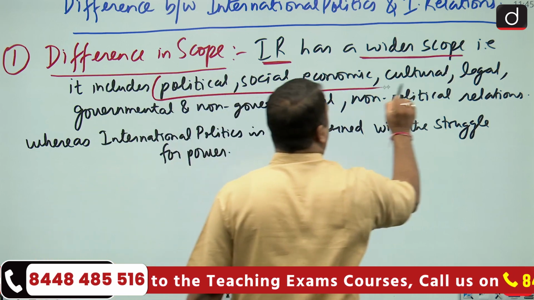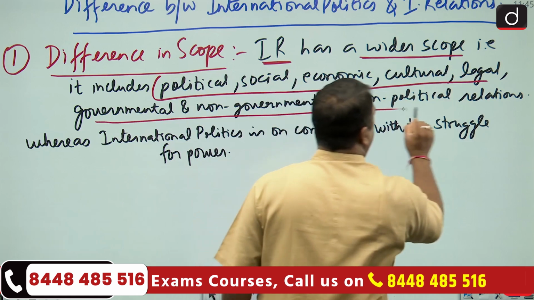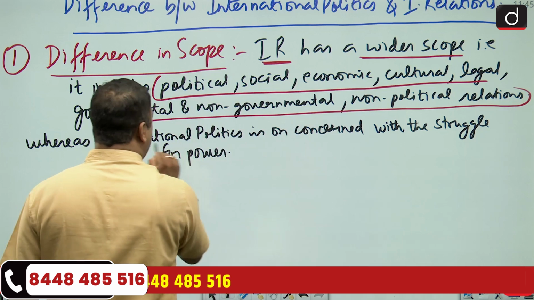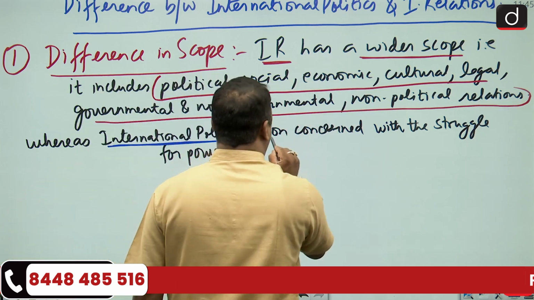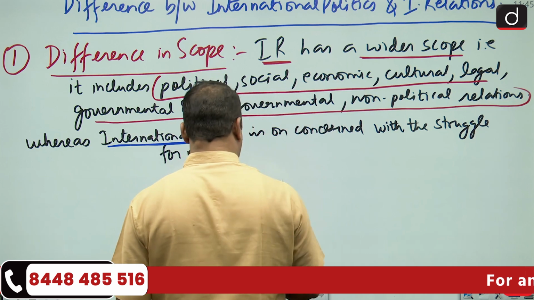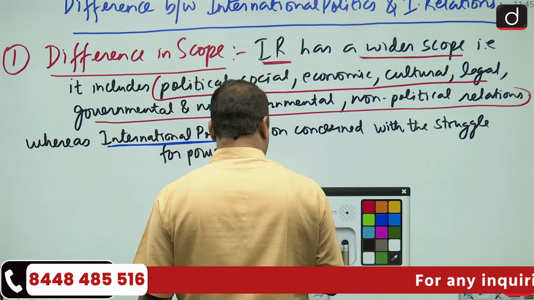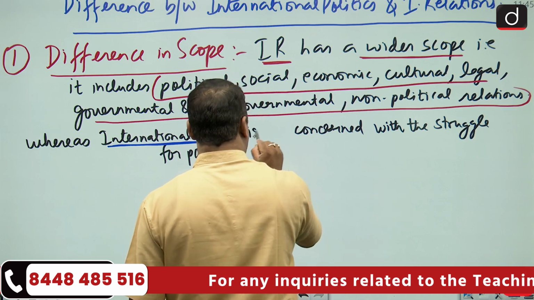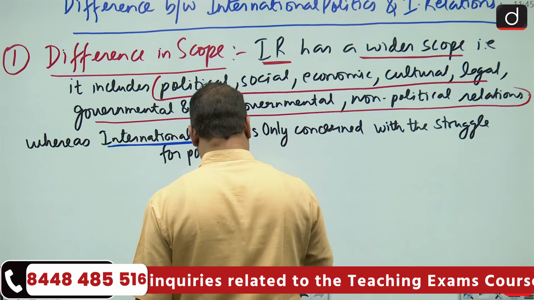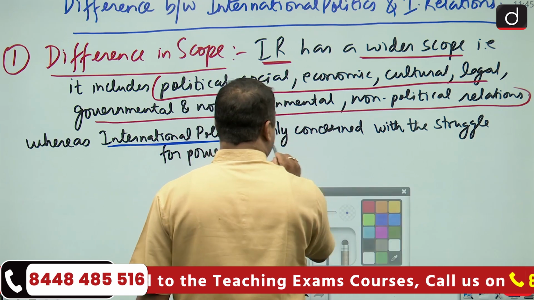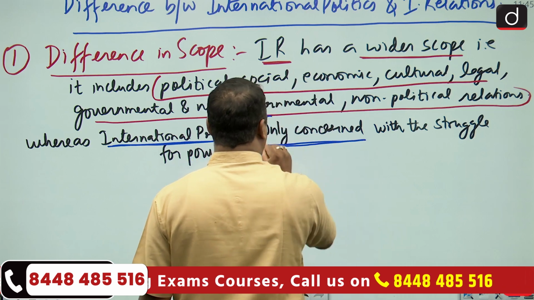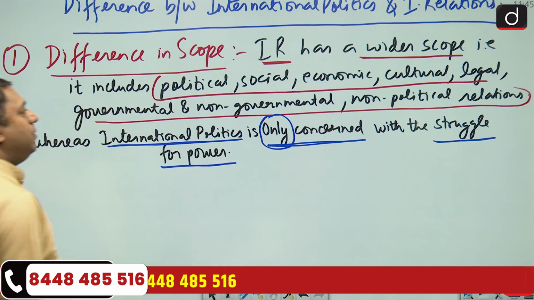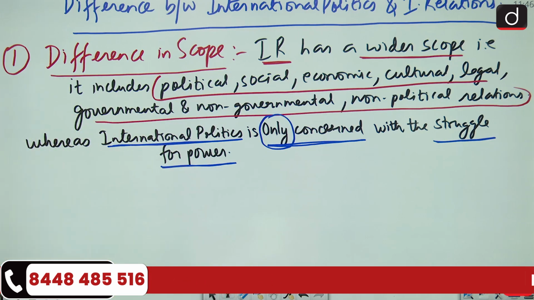It includes all this. ये सारा चीजों को IR इंक्लूड करता है. Whereas international politics, यहां पे वर्ड ओनली होना चाहिए. Whereas international politics only concerned, only struggle for power. Got it? The first difference.